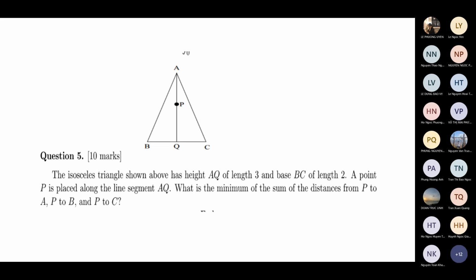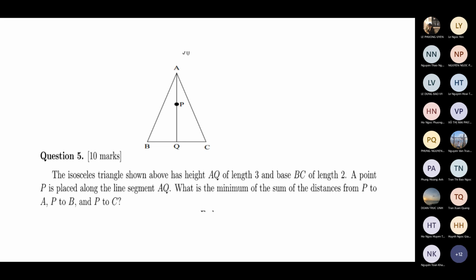Okay, now look, let me help you a little bit. To solve this problem, we have to introduce a variable. The question here is to find the minimum of the sum PA plus PB plus PC.